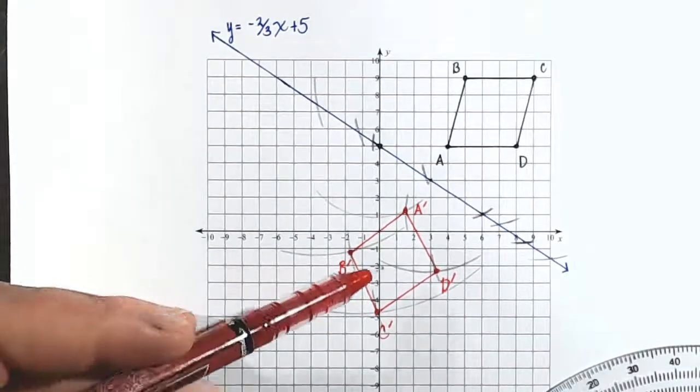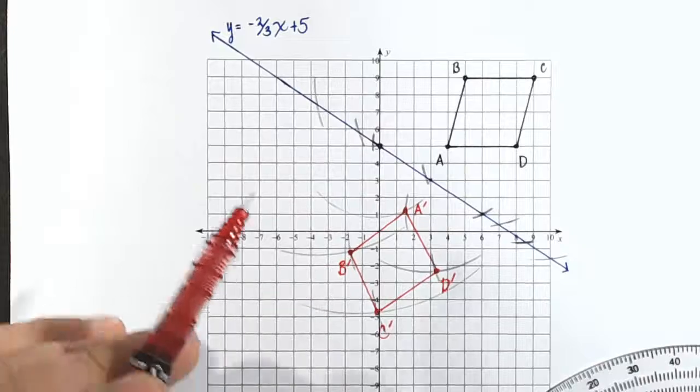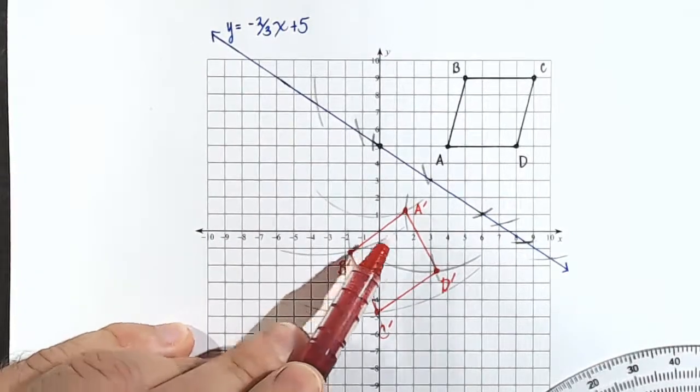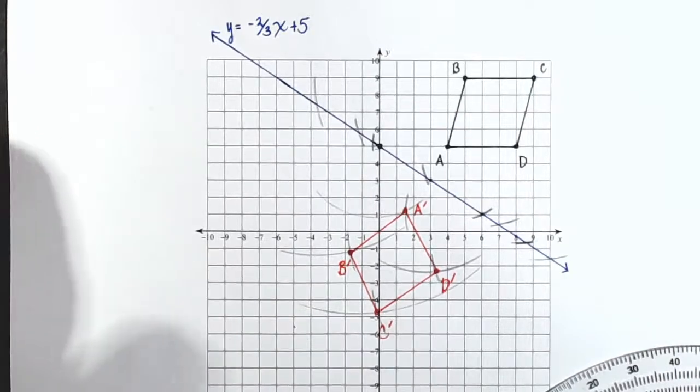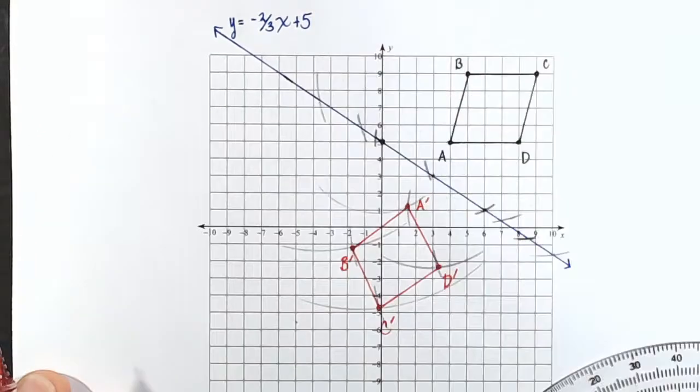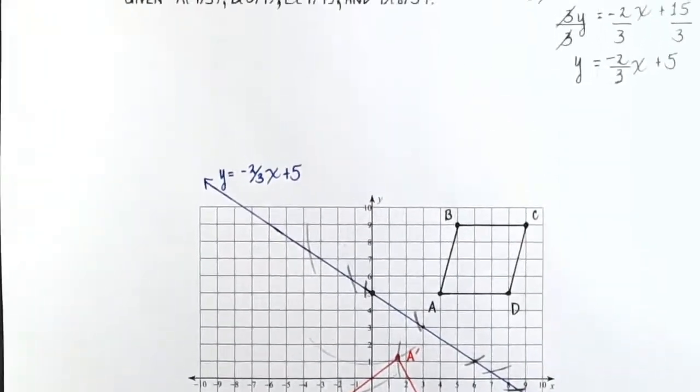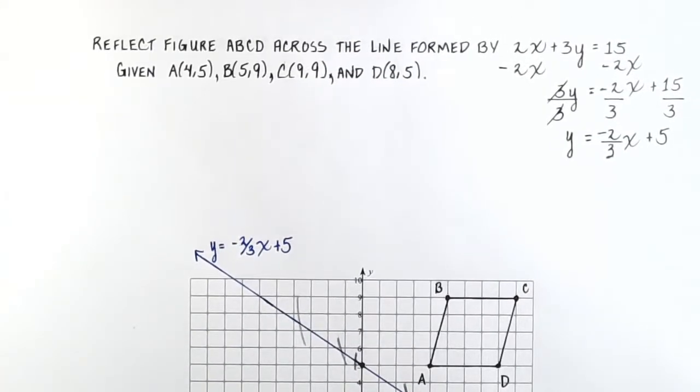Now there's no need for us to plot these coordinates because, as you can see, none of them cross at lattice points, which means they would be fractional or weird decimals. Okay, so that is how you rotate a figure across a linear equation in standard form. Or rather reflect.